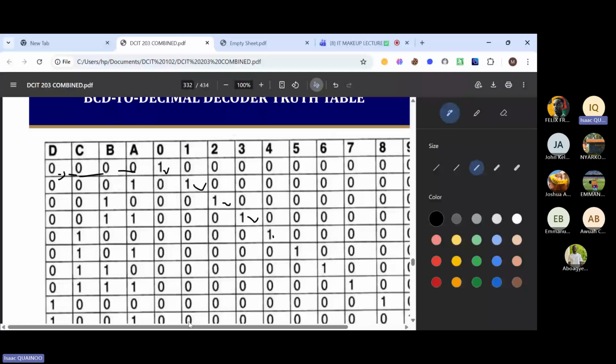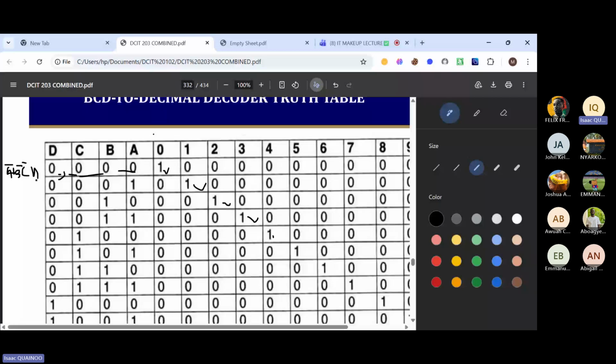Okay, so to deduce the expression here, if you take y0, you can see that the corresponding input that makes y0 high is when A is 0, B is 0, C is 0, and D is 0, right? So we are going to have A prime, B prime, C prime, and D prime for y0.